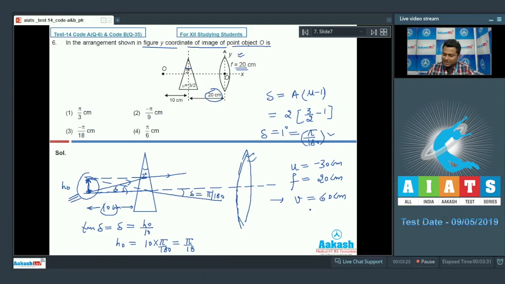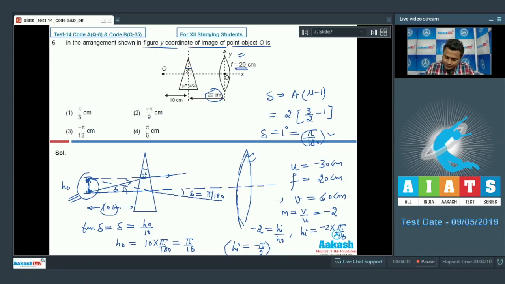From here we got the magnification M equals V by U, that is minus 2, and magnification is also equal to height of image upon height of object. So HI upon HO. From here we have got the value of height of image, that is minus 2 into HO, that is pi by 18. So got the value of height of image, that is minus pi by 9.